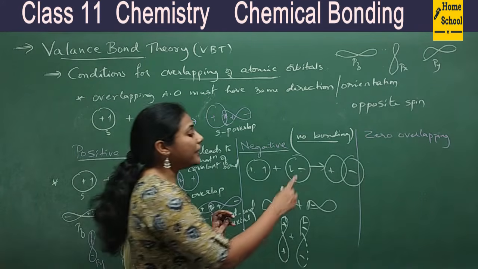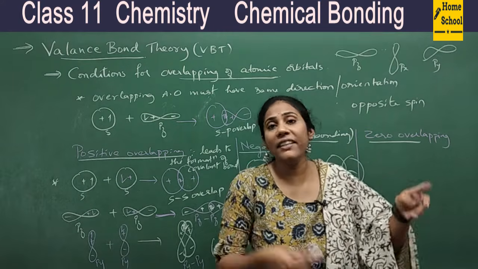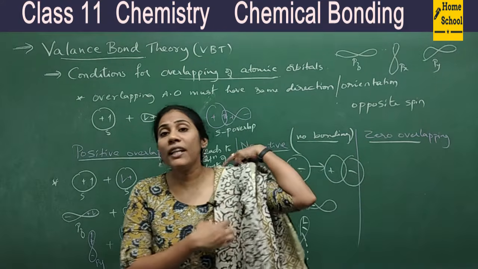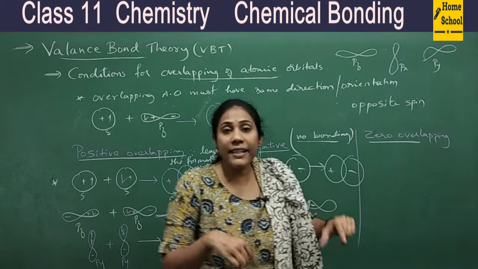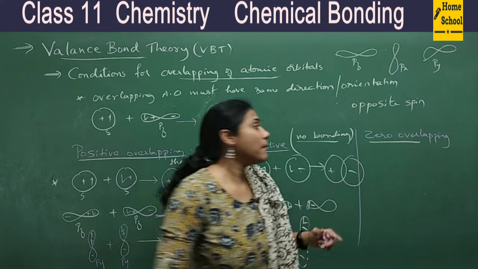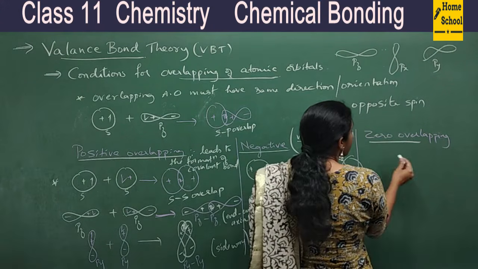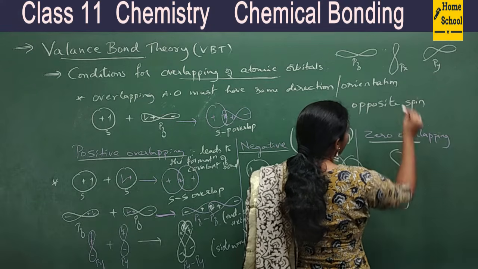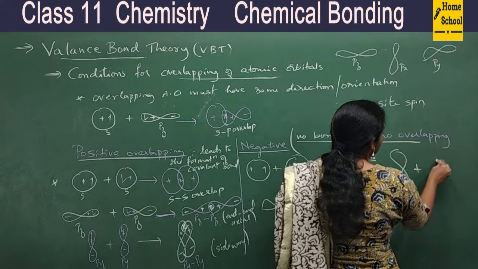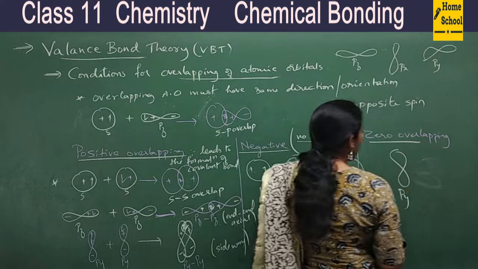Okay, and coming to zero overlapping. Zero overlappings are actually impossible. Such overlaps do not occur. So there is no sense in such overlaps. For example, if the orientations are different, you never expect an overlap between py or px with an s orbital.